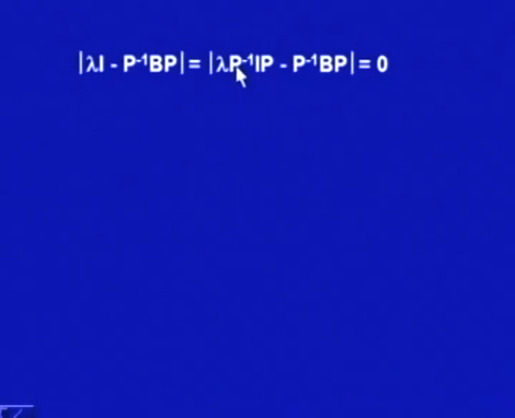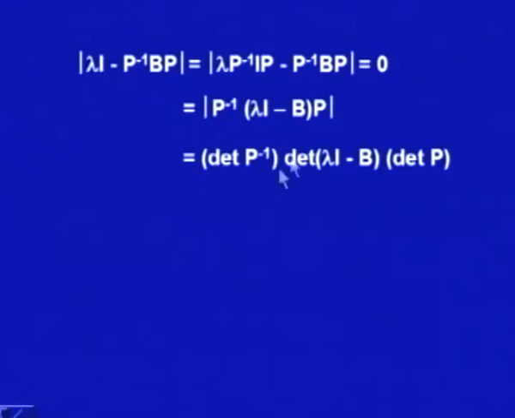So, lambda P inverse IP minus P inverse BP equal to 0, and that gives me that determinant of P inverse (lambda I minus B) P equal to 0, and this simply means the determinant of P inverse into determinant of (lambda I minus B) into determinant of P, and that gives me determinant of (lambda I minus B).